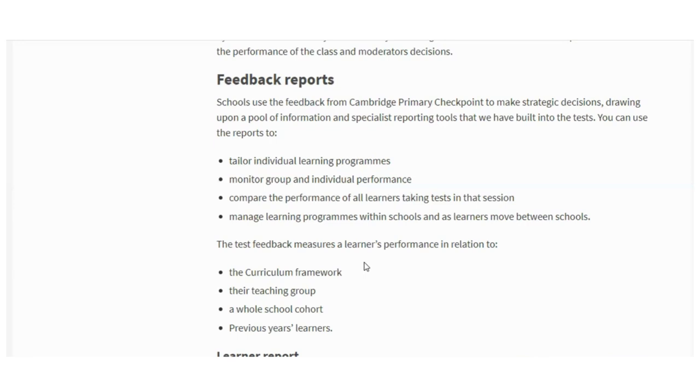They sit an exam for the 3 main subjects only: English, maths, and science. I would say it's of a similar level to the SAT examinations that students sit. They test the content, the thinking, and everything. When they come out of that, it comes down to a feedback report.